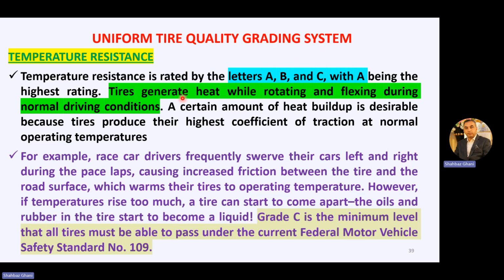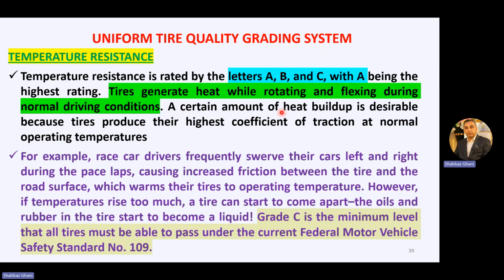A tire generates heat while rotating and flexing during normal driving conditions, because the rubber is in contact with the road surface, so heat is generated, so it has to bear that heat. So these are the letters which show the category of tires, A, B, and C, and A being the highest rating.